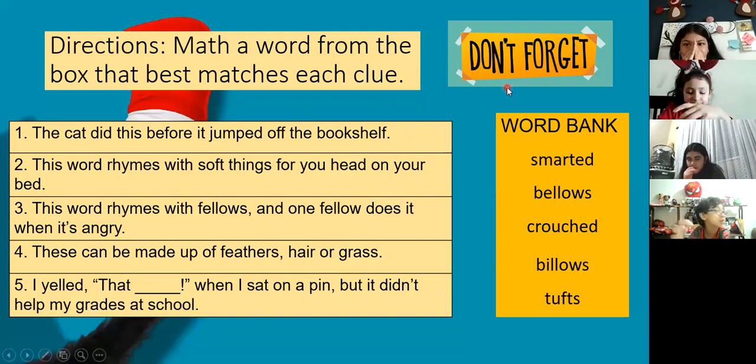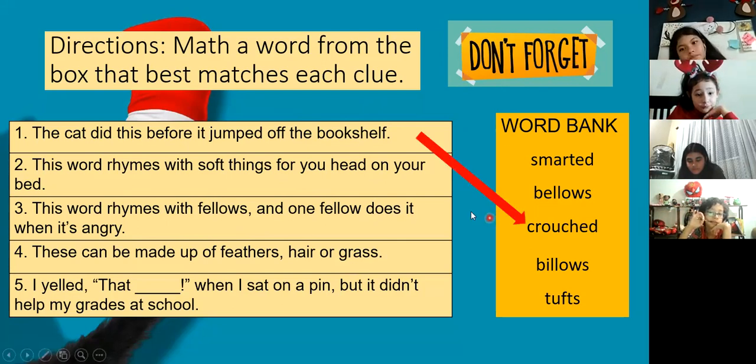Now, who can tell me what is the answer for number 1? The cat did this before it jumped off the bookshelf. Using the vocabulary: crouched. It crouched, that's right. That is number 1. The word rhymes with the soft things that you put your head on in your bed.